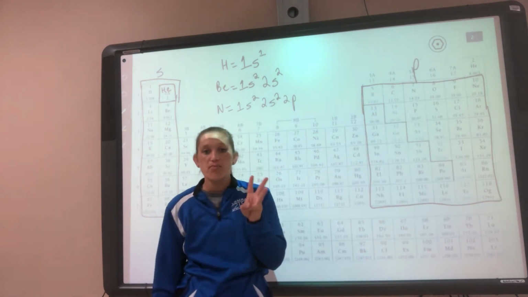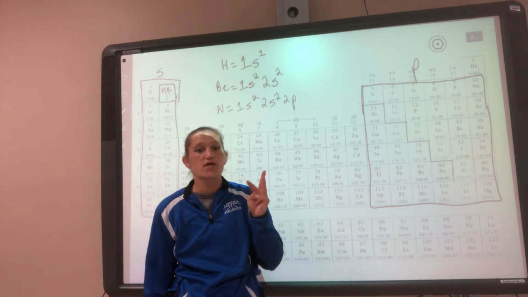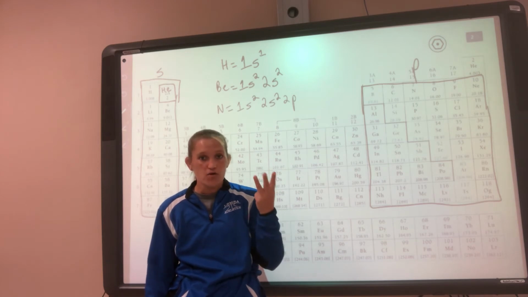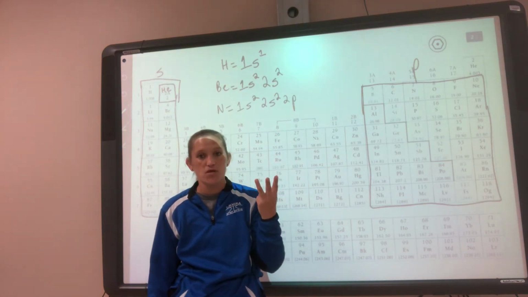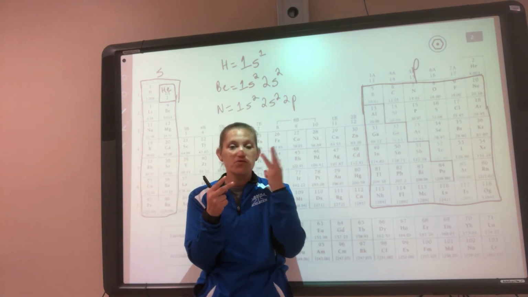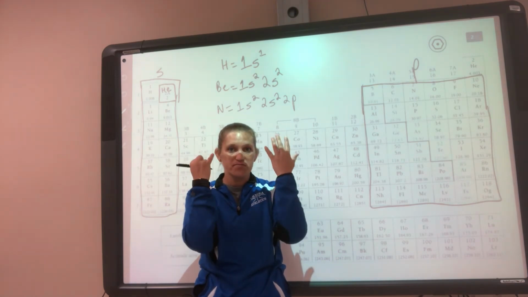Remember that the P block has 3 different orientations. If it has 3 different orientations, that means it can hold 6 total electrons. 3 orientations, 3 orbitals, and each orbital can have 2 electrons. 3 times 2 gives me 6.